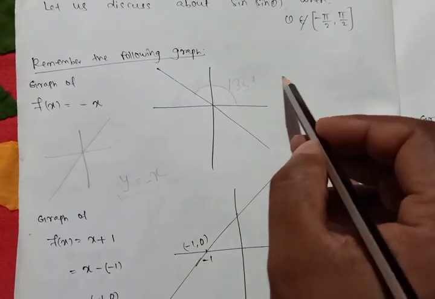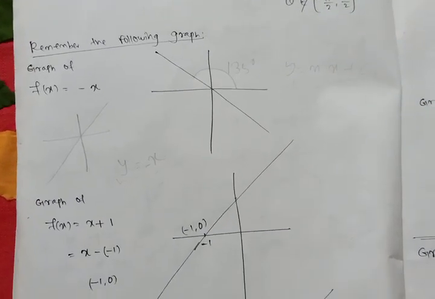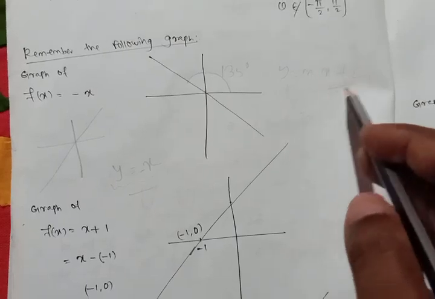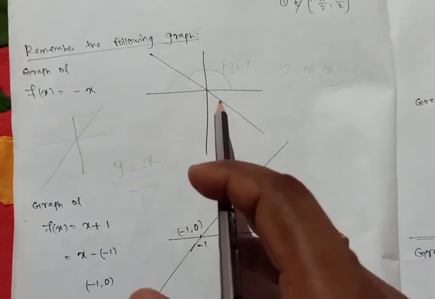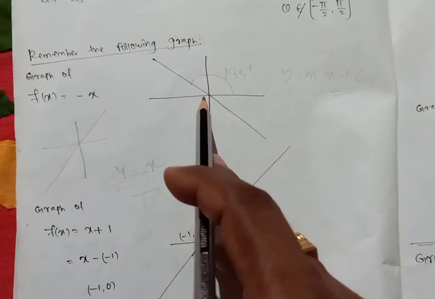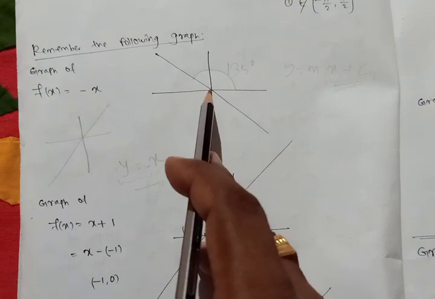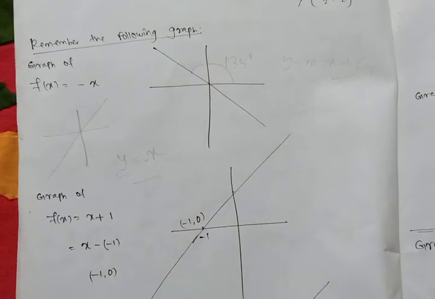Remember, y is equal to mx plus c is the slope intercept form. If you compare this with it, we get slope minus 1 and it is passing through the origin. That's why the straight line y equal to minus x, or f of x equal to minus x, passes through 0, 0 and has an inclination of 135 degrees with the x axis.